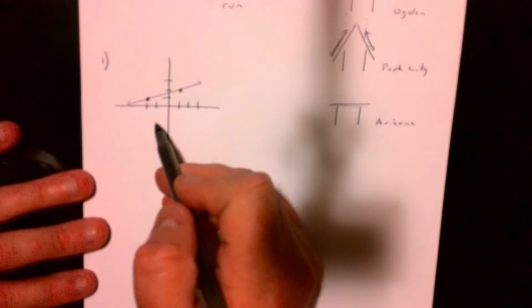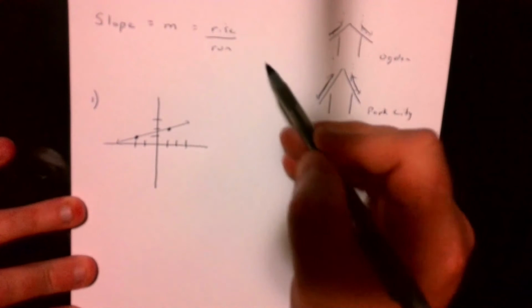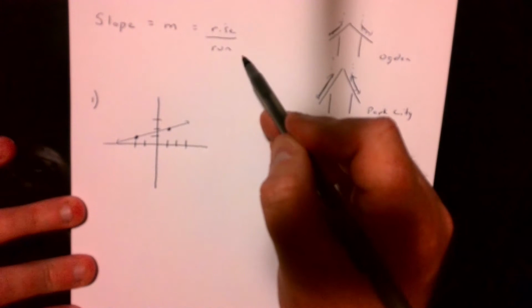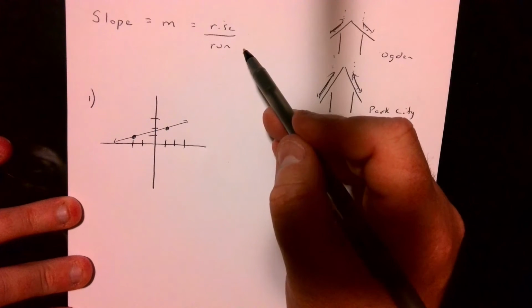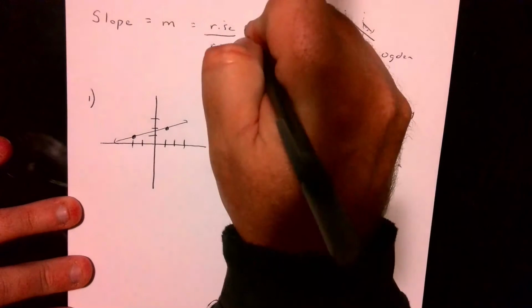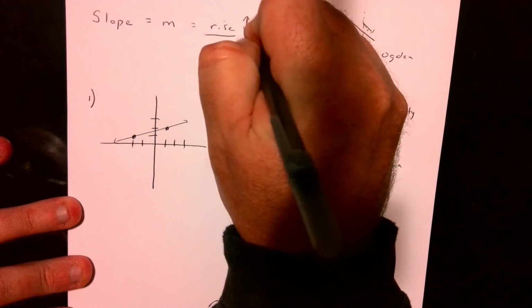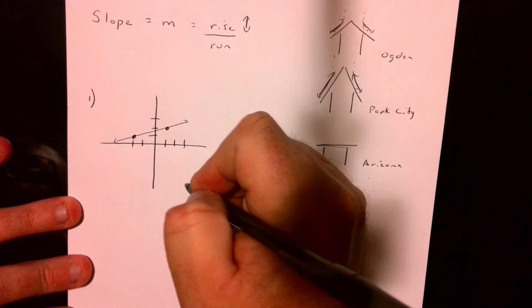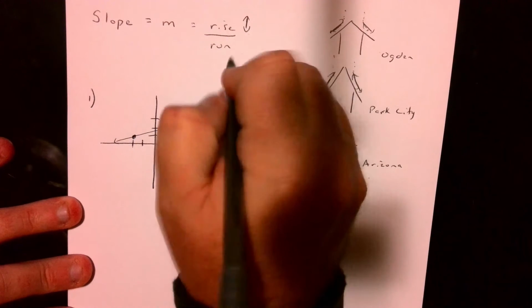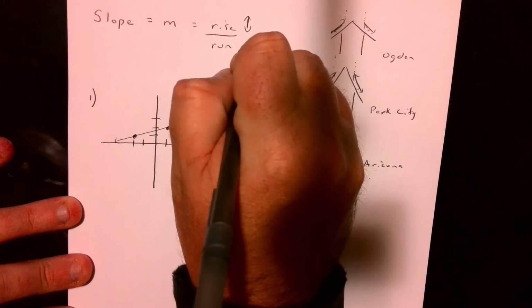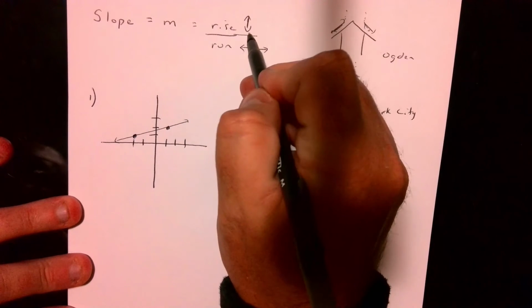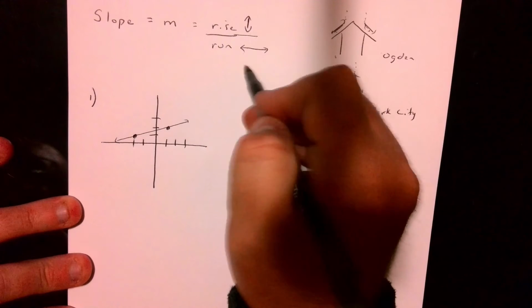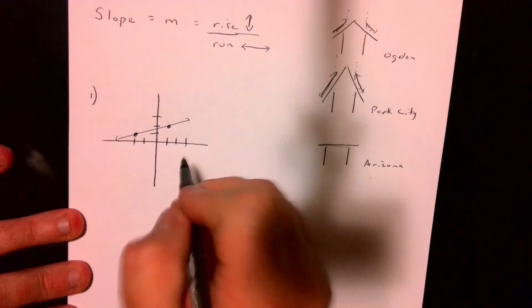At the start of the video, we said that we're going to talk today about slope being rise over run. If you're rising up a ladder, you're going up or down. If you're going to rise on a ladder, it's your up or down movement. And if you're going to run, you're either going to run to the right or to the left. So the top number is our up or down movement, and our bottom number is our right or left movement.